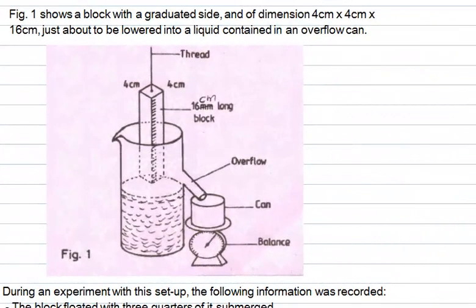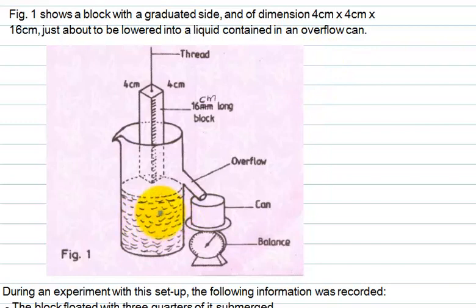In this question, we are told that figure 1 shows a block with a graduated side and of dimensions 4 centimeters by 4 centimeters by 16 centimeters, just about to be lowered into a liquid contained in an overflow can.